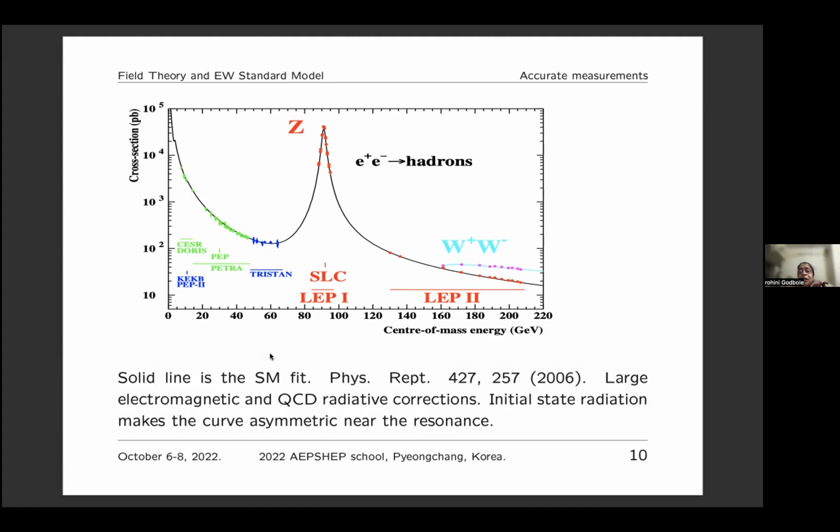This is e+ e- going to hadrons. There were different experiments which were covered. We already met yesterday PEP and PETRA, which gave us the initial confirmation of the viability of the standard model by helping determine a unique value of sine square theta W. Then TRISTAN I also mentioned.